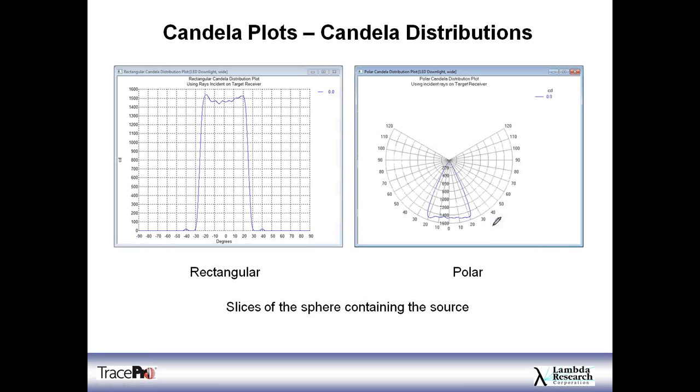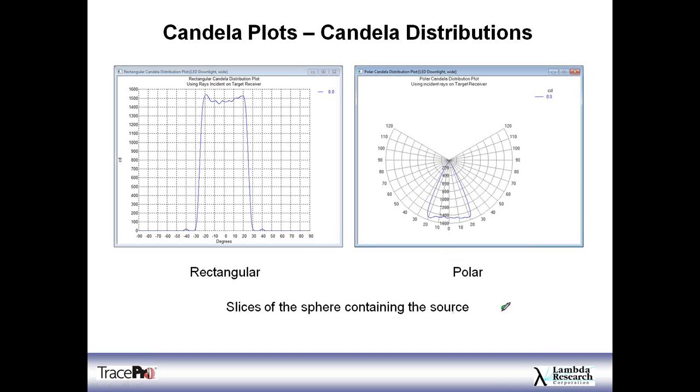Here's a couple Candela plots. In this case, these are Candela distributions. And you have the option of rectangular or polar, just displaying different coordinate systems. And what these are is they're slices of the sphere containing the source.